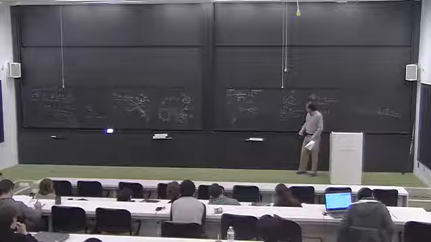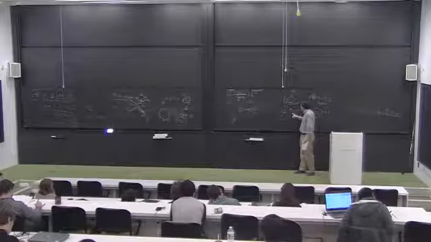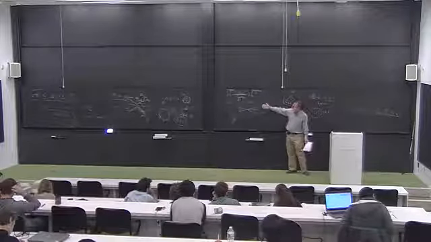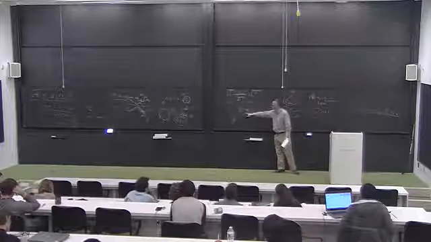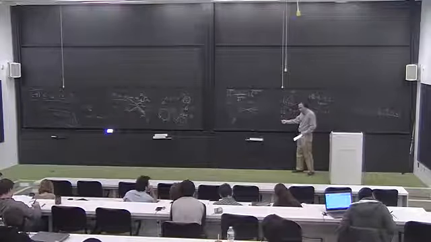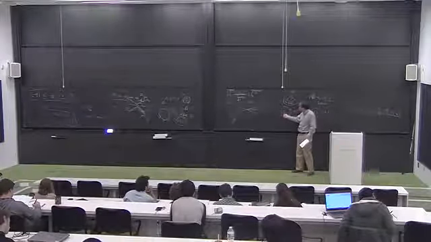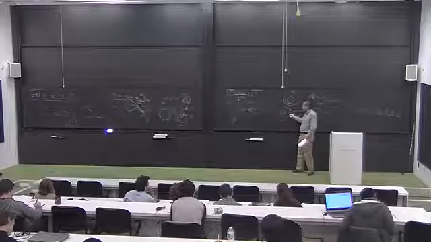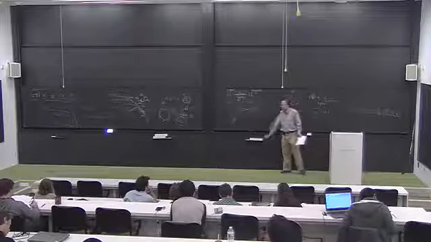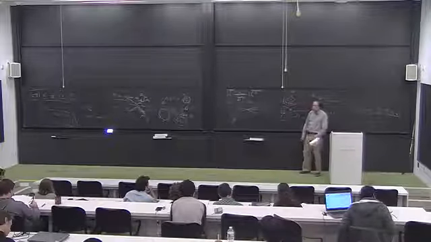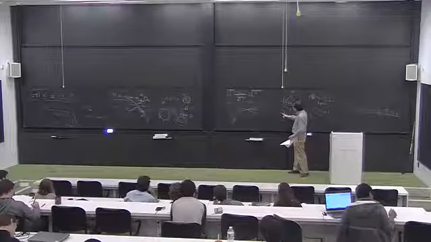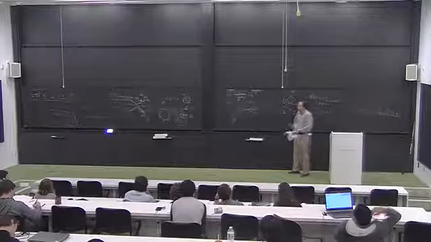And this gapless edge excitation survives interaction, perturbation, even the perturbation which breaks U1 symmetry. So this is a robust feature of this Chern insulator. Their gapless edge excitation survives any perturbation, even the perturbation which breaks U1 symmetry. So when you break U1 symmetry, we have to tell whether this state is trivial or non-trivial to see whether you have a gapless edge excitation or not.